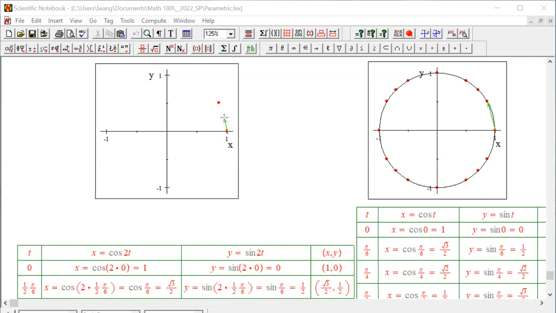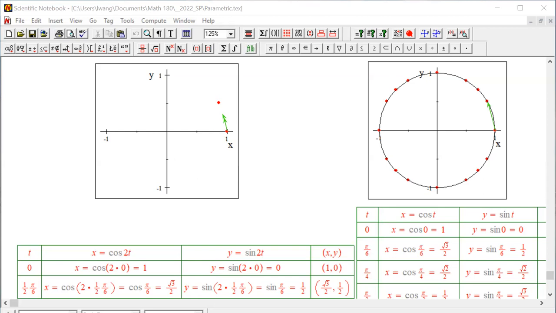So what this means is that the particle following the trajectory in example 4 is twice as fast as the one in example 3. So that 2t makes that difference. Other than that, everything is going to be very similar.